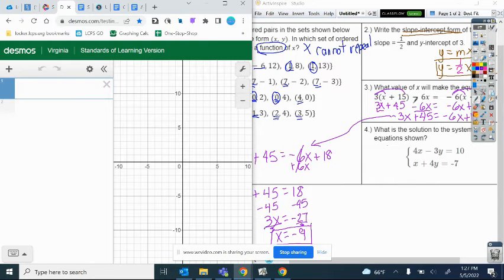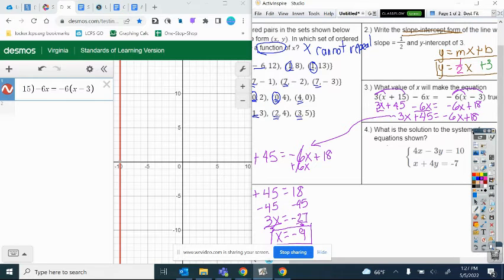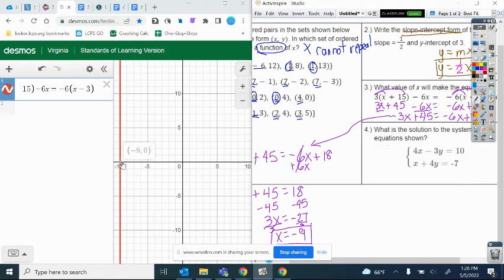So if I put in that equation that I am given in number 3, 3 parentheses x plus 15, close those parentheses, minus 6x equals -6 parentheses x minus 3. Okay, there we are.